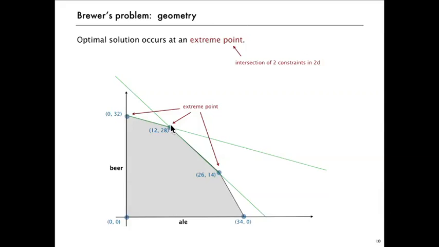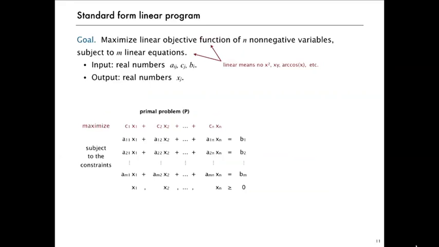In this case, with two variables, it's where two constraints intersect. So that's already a huge improvement in terms of solving the problem, rather than having to consider this infinite number of points that describe the amount of ale and the amount of beer that we might make. We only have to consider this finite set of points, which are the extreme points in the feasible region. And one of those is going to be our optimal.